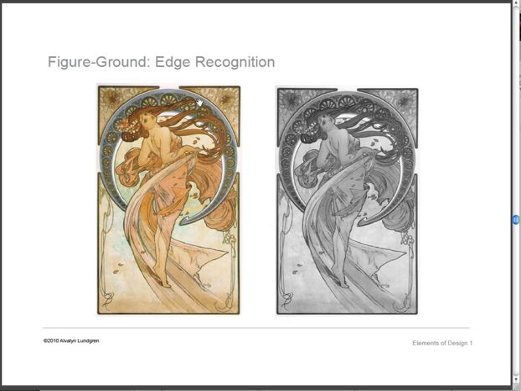So this is to point out that changes in chroma or changes in color do not help us recognize figure and ground. It's the change in lightness and darkness. So if two different colors are the same value, or the same degree of lightness or darkness, we are not going to be able to separate them very quickly.